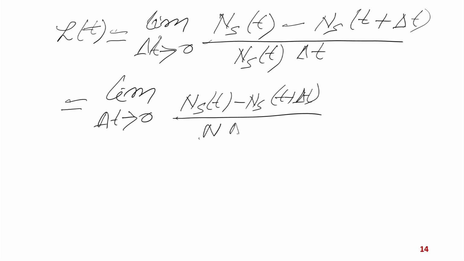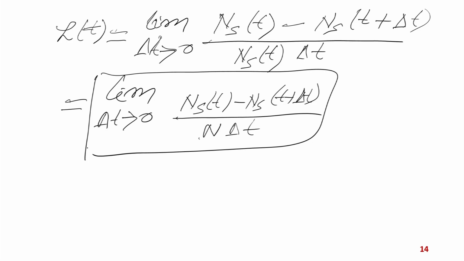This already we have, this is our f t. Now, since I have put n here, I should get n in the numerator and then divide by this n s t. So, what is this?